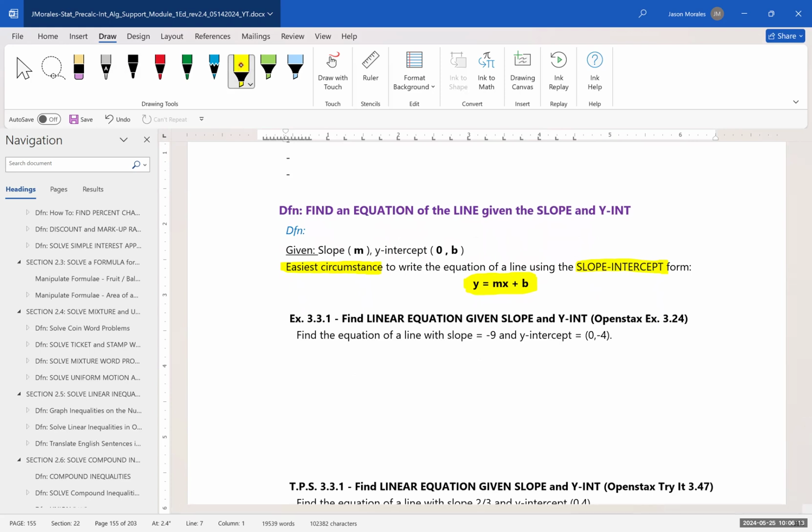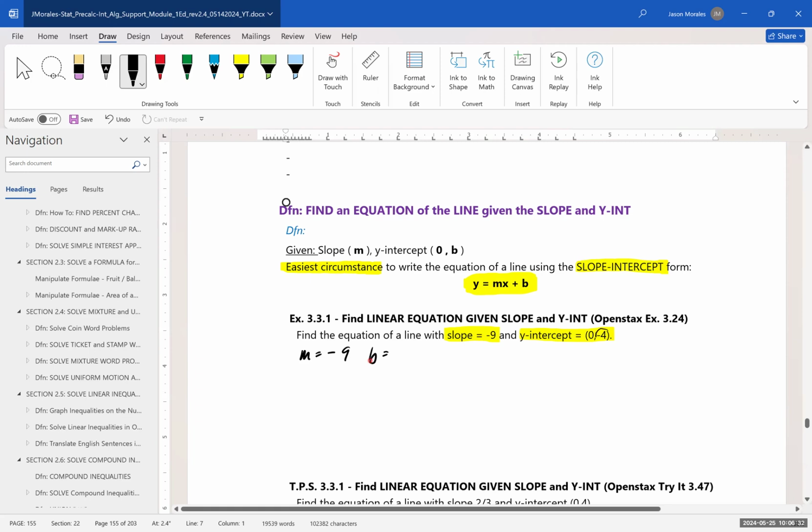So here we're told that the slope is -9 and the y-intercept is at 0, -4. But remember, the second digit is the y coordinate.